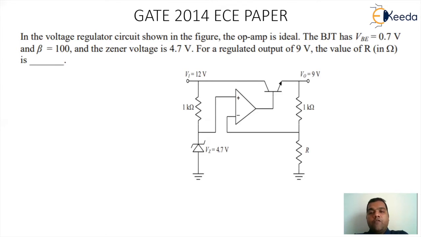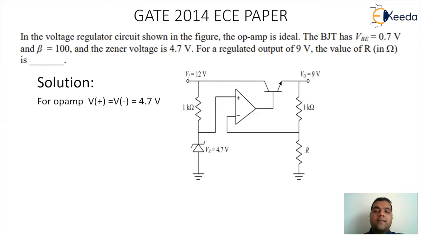So the value of V minus potential, that is the inverting pin of the op-amp, is also at 4.7 volt. We can easily say that the drop across the R resistor is 4.7 volt. So the value of VR is 4.7 volt. Now the drop across R is basically a part of the voltage divider controlled by the output voltage VO, which is 9 volt. And we also have the other resistor as 1 kilo ohm.